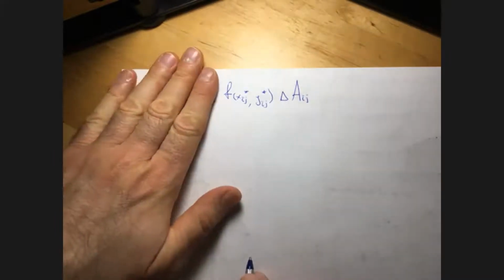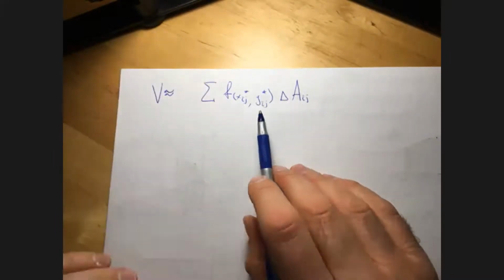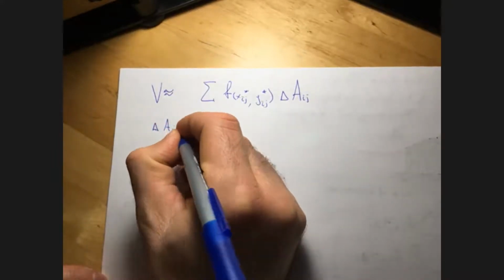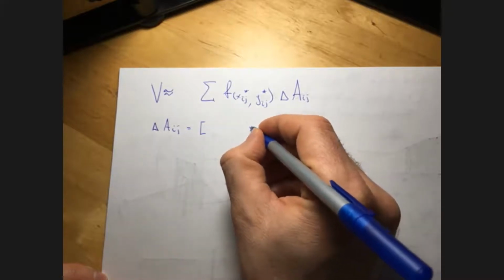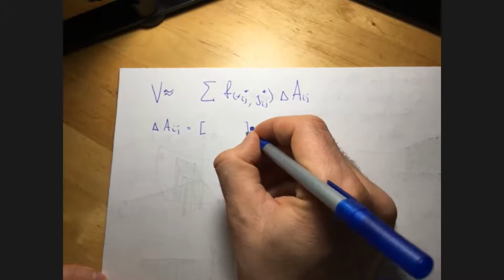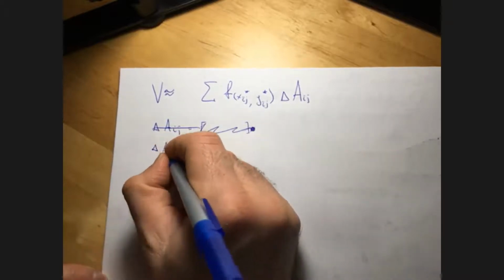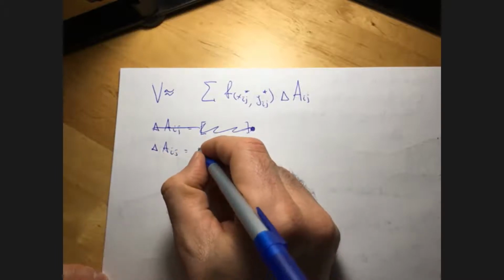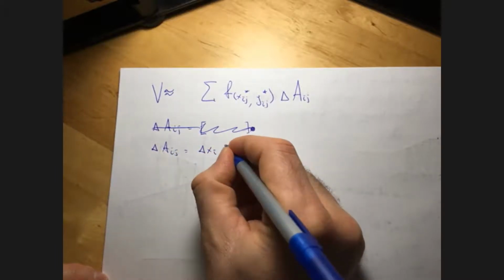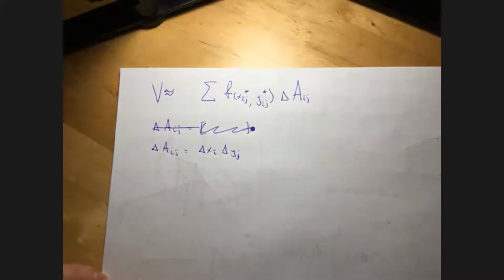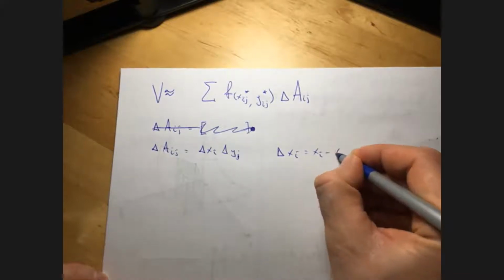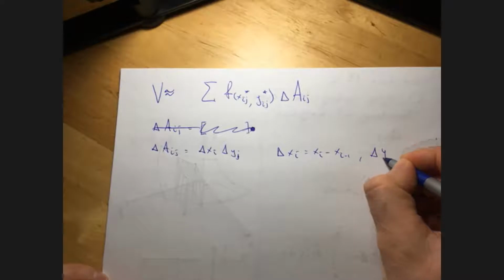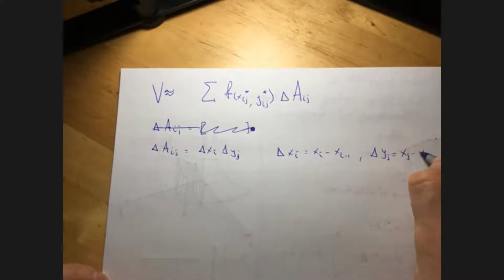Okay, so first let us discuss what these are. Delta Aij is equal to delta xi times delta yj, where delta xi is equal to xi minus xi minus 1, and delta yj is equal to yj minus yj minus 1.